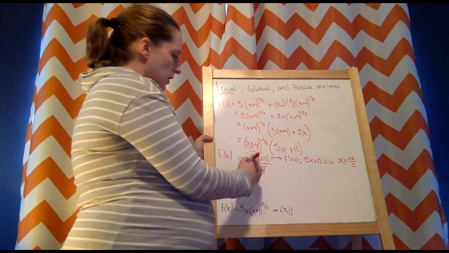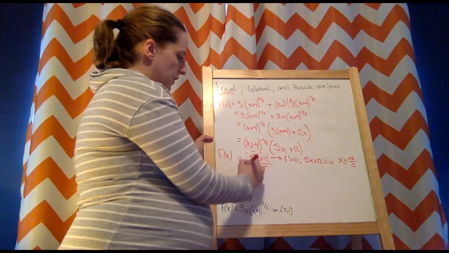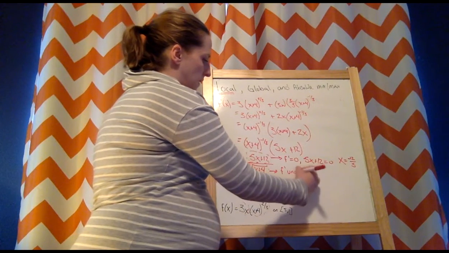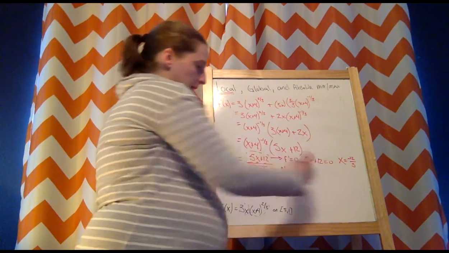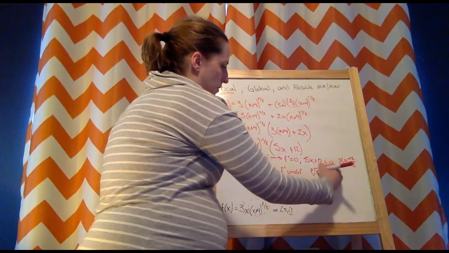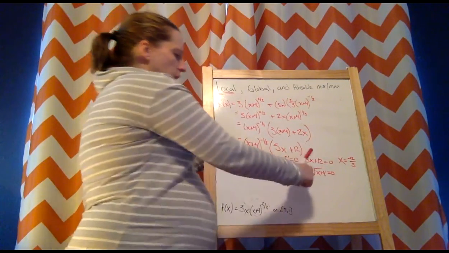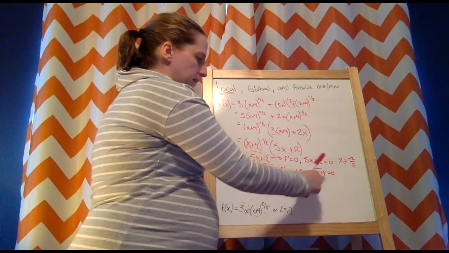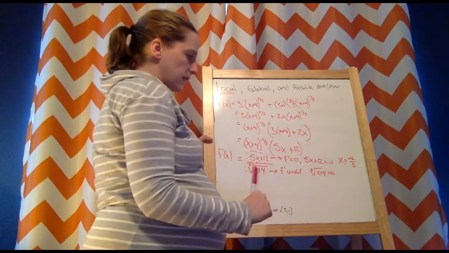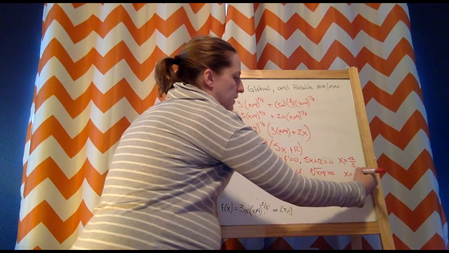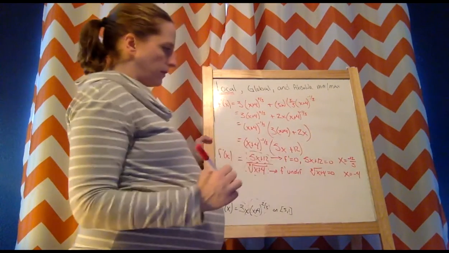The second place we get critical values is when our derivative is undefined. Our derivative is going to be undefined when our denominator equals 0. Solving this, cubing both sides gives me x plus 4 equals 0. Subtracting 4 gives me my second critical value at x equals negative 4.